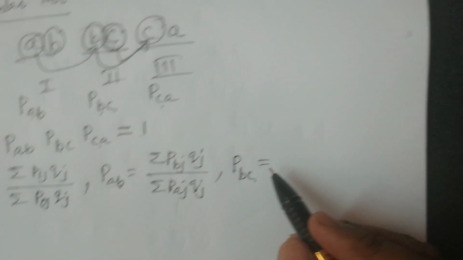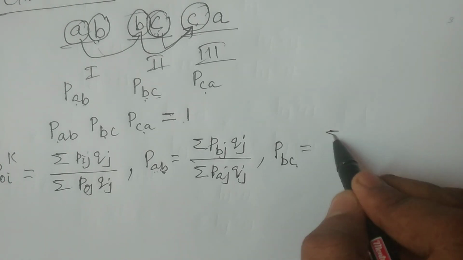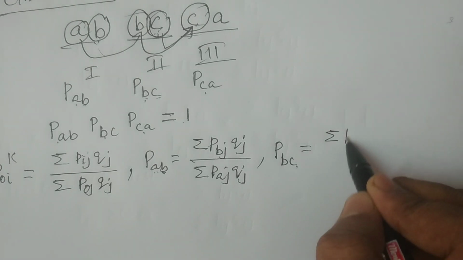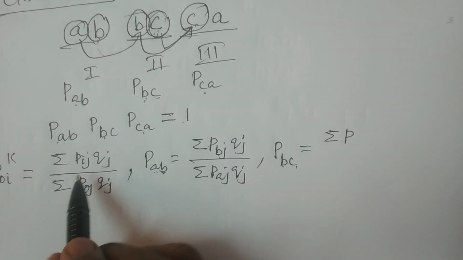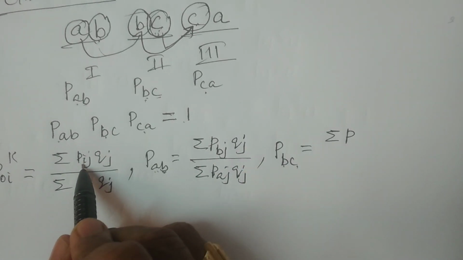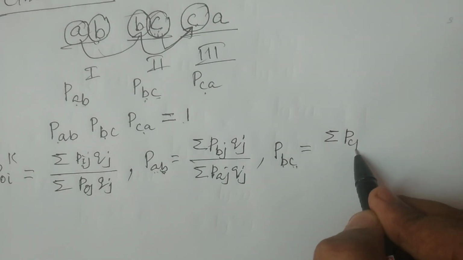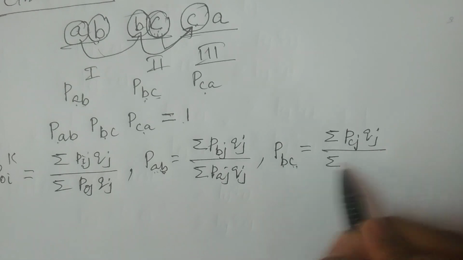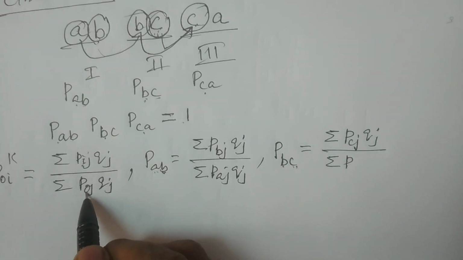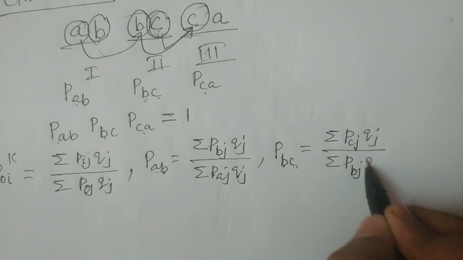If you consider PBC, that is summation, with C as the current period, PCj Qj divided by summation with B as the base period, so PBj Qj.